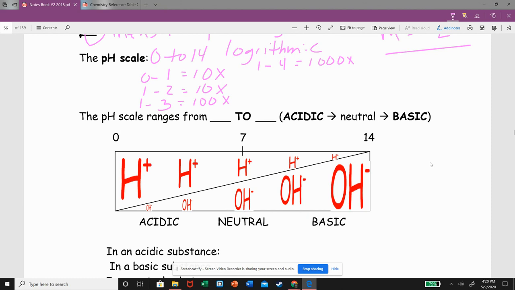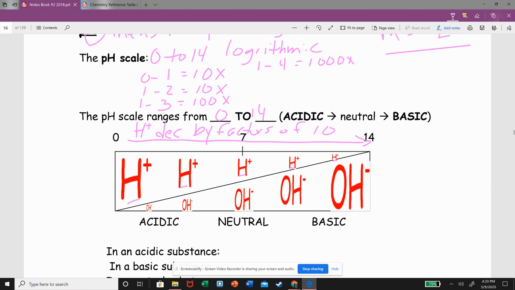Okay? So the pH scale, again, goes from 0 to 14, acidic to neutral to basic. Here's the diagram that we've had in our first set of notes. Notice as I go from 0 to 7 to 14, what's happening to these H's? H plus is decreasing, and it's decreasing by factors of 10, because it is a logarithmic function.